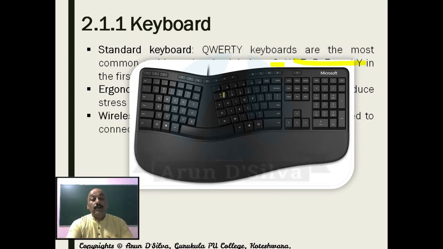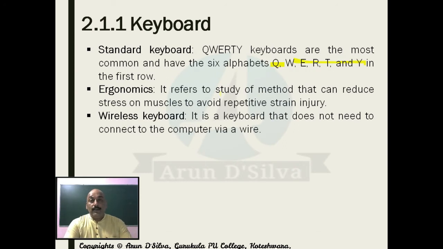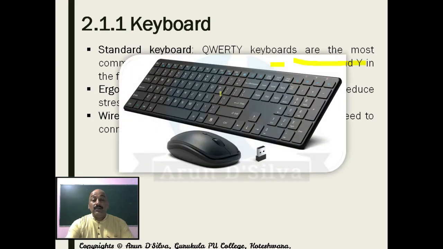The third one is the wireless keyboard. What is the difference? It is a normal standard keyboard or an ergonomic keyboard also. The only thing is the physical connection won't be there. That is the only difference. So maybe you can find here, this is a keyboard. Now this is a USB port device, a receiver.